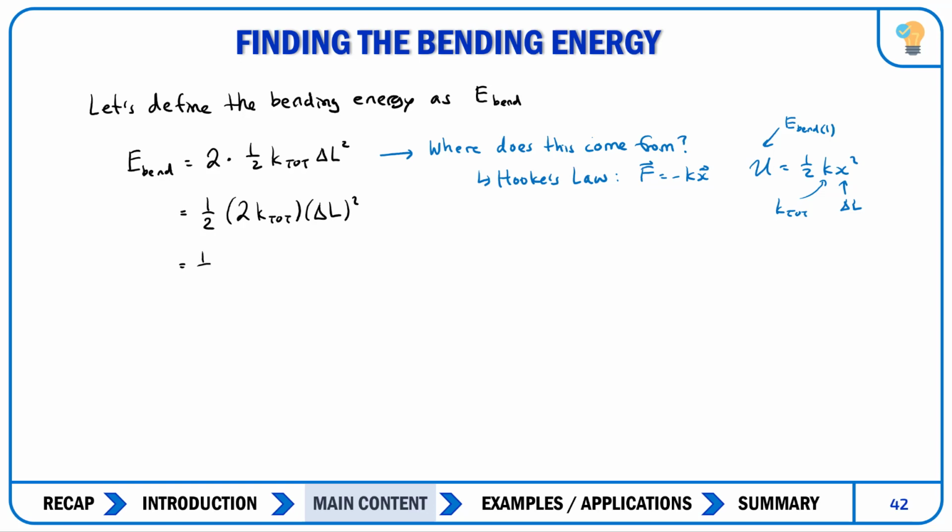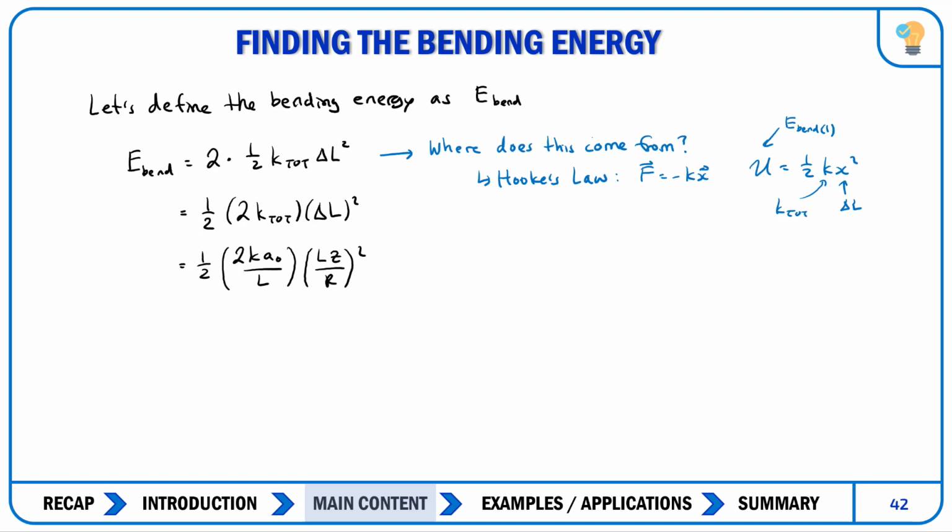So then we have 1/2 times 2 k total, which from before was k a naught over L, and delta L we defined as Lz over R. That has to be squared.